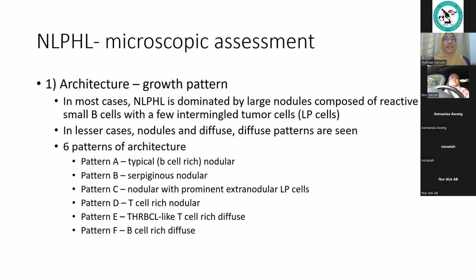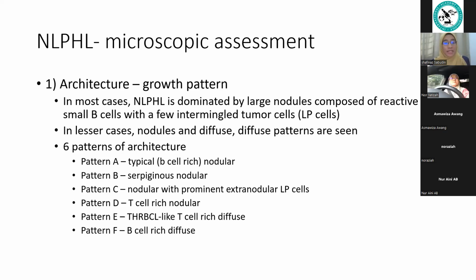This is where the researchers or the pathologists who are interested in the study of nodular lymphocyte predominant Hodgkin lymphoma have come up with patterns of the architecture, which is very important because from these patterns, we can predict what the patient is going to end up with at the end of the treatment, whether it is a high-grade disease, whether they have a high possibility of transforming into high-grade B-cell lymphoma. So basically, there are 6 patterns of architecture: pattern A, B, C, D, E, and F.